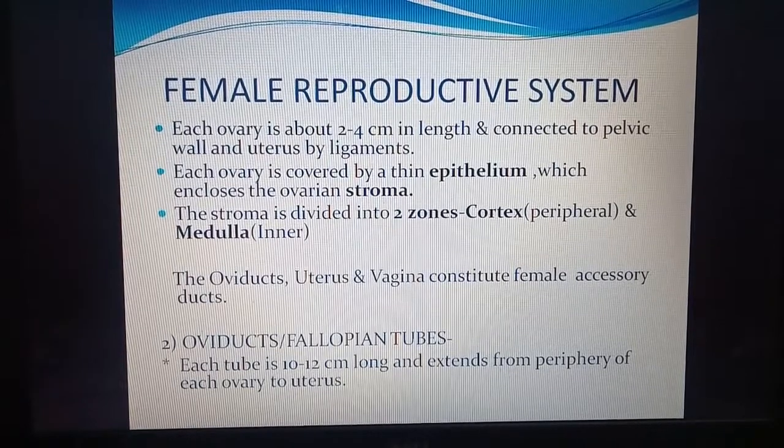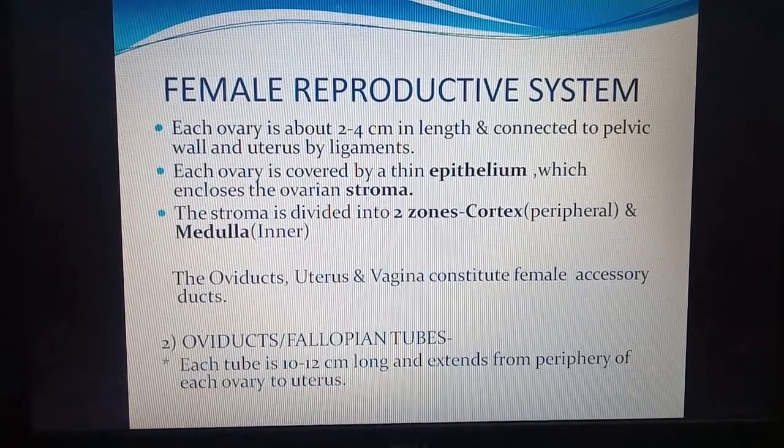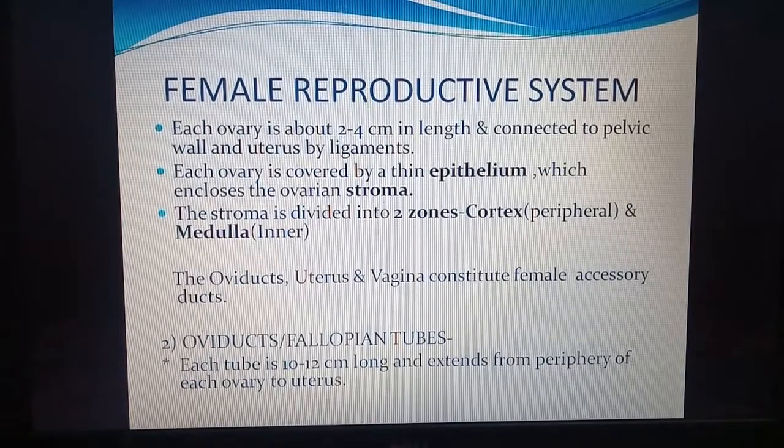So the inside of the ovary tissue is called stroma. Stroma has two zones. The peripheral or outer layer is called cortex and the inner part is called medulla. The oviducts, uterus and vagina form the female accessory ducts.